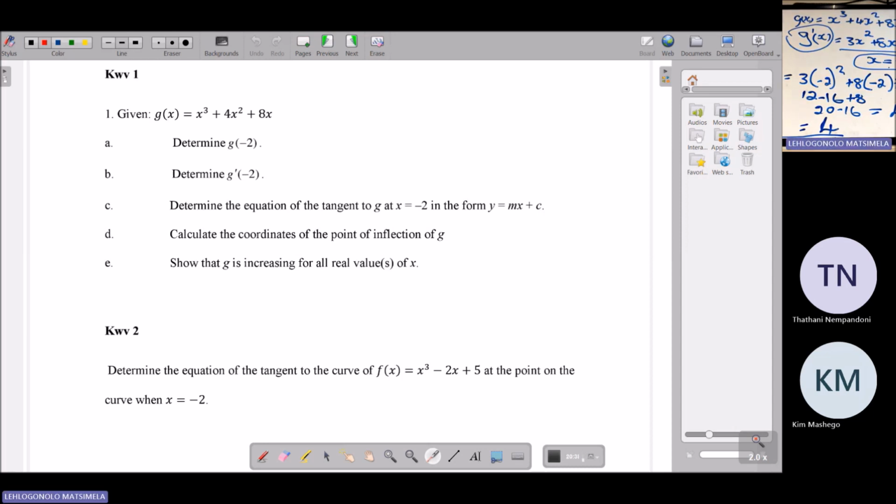So what are they telling me and you? They're telling us that the graph of g and the graph of the tangent are in contact, or intersecting at one point, where x is equal to -2. Then they want the equation in that form. And we substitute that -2.